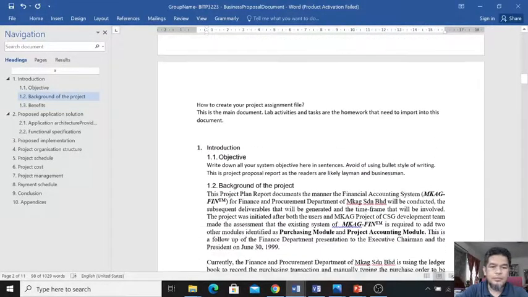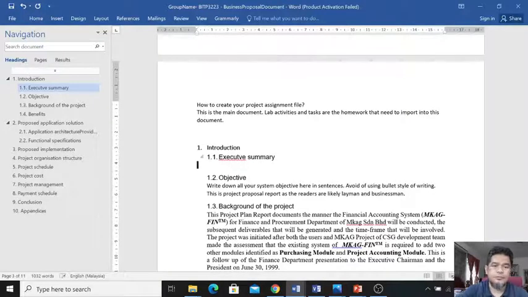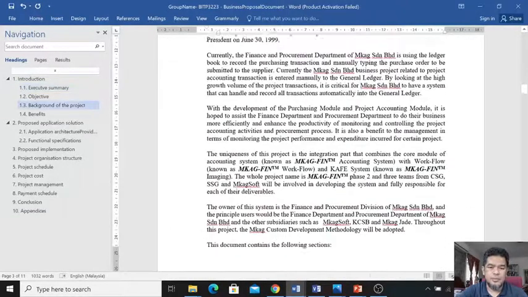If you want to put the executive summary, you can put it under this one. So this is under executive summary. The sequence is maybe like this, or you can put the executive summary after the background of the project.